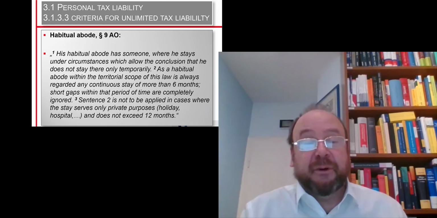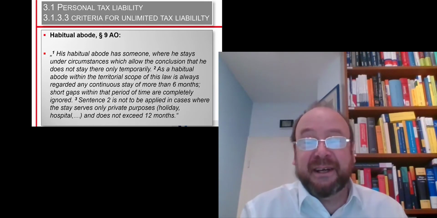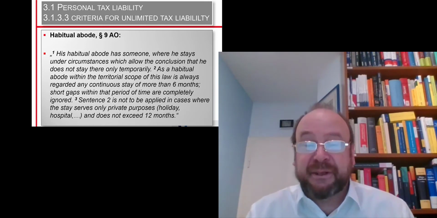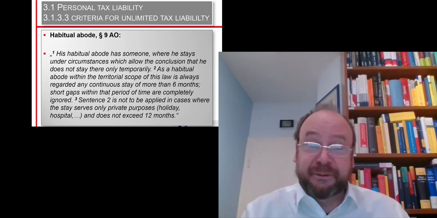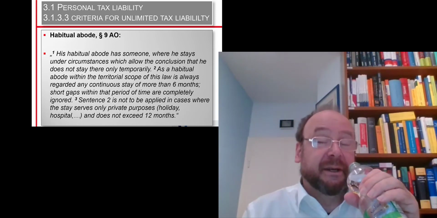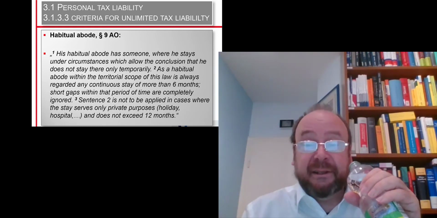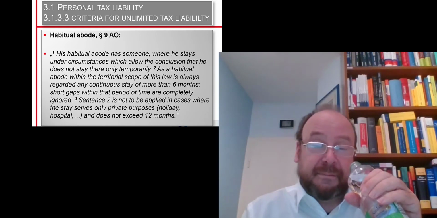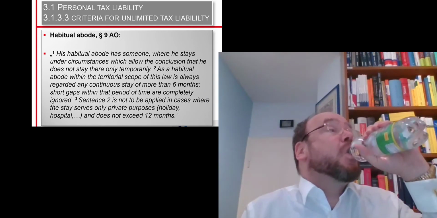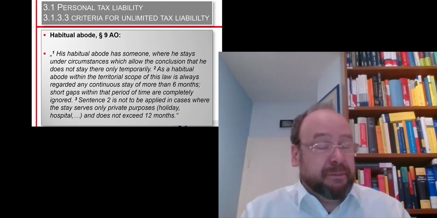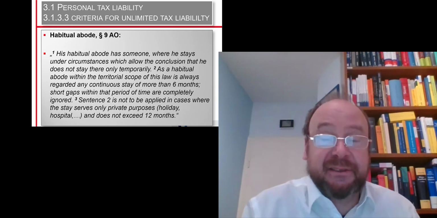Then from that moment onwards, we can justify the conclusion that you now stay at Frankfurt Airport or at Frankfurt under circumstances which allow the conclusion that you do not only stay there temporarily. So that would be, under tax aspects, highly unfavorable, to shoot persons at Frankfurt Airport, because it leads to a habitual abode and so forth, to unlimited tax liability in Germany.